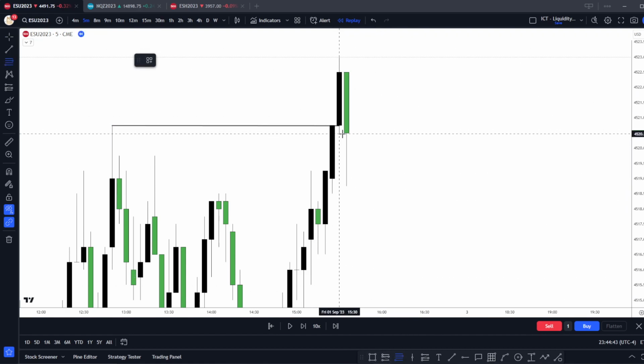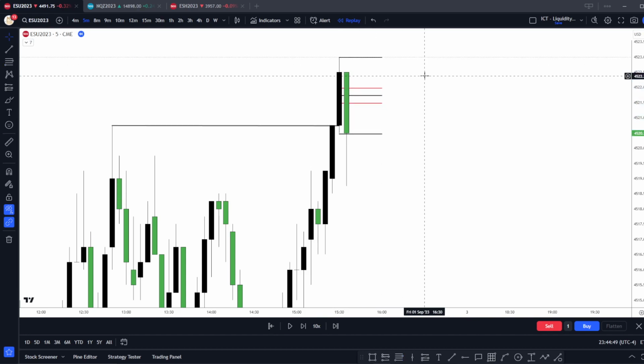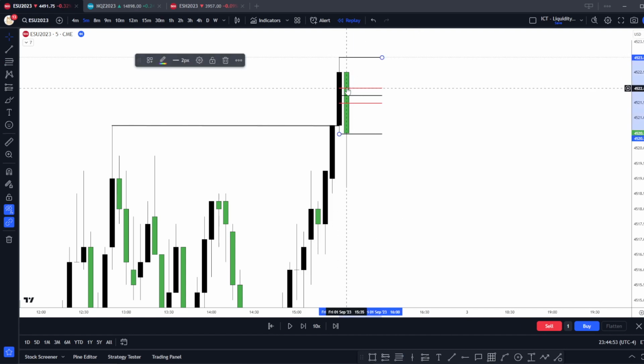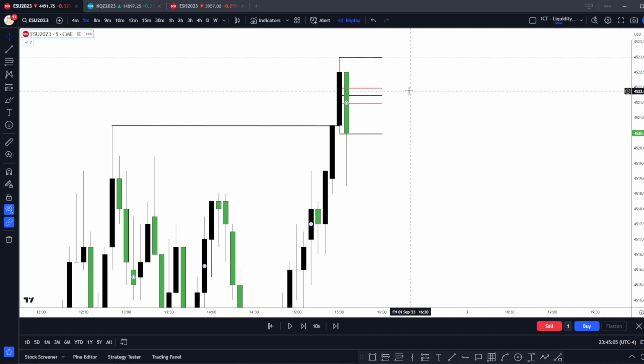So what I'm doing is I'm drawing it from the wick low to the wick high. If the candle body, which is here, closes above these two red lines, which is just a Fibonacci tool, 40% and 60%, those are the red lines, if the candle body in this scenario closes above the two red lines, I consider this a strong market structure shift, right?